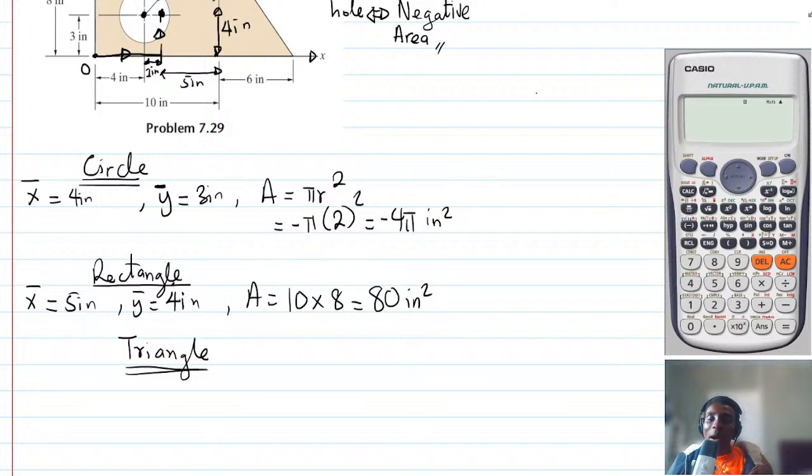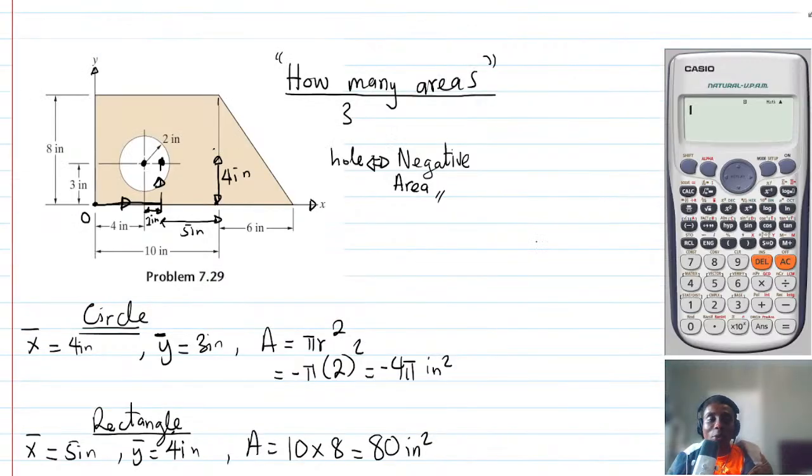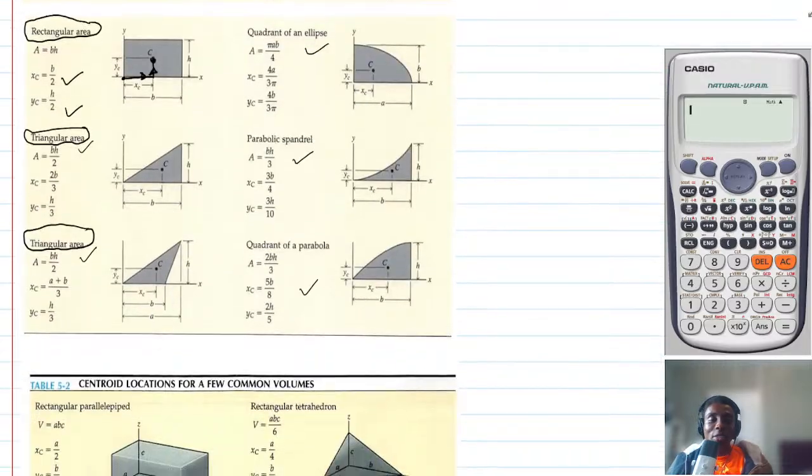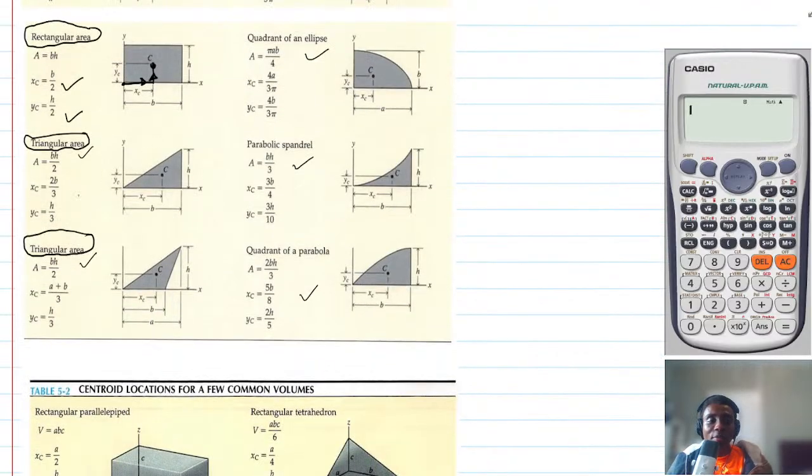So let's go back to the chart and look at the triangle. Look at this formula here, which says 1/3.